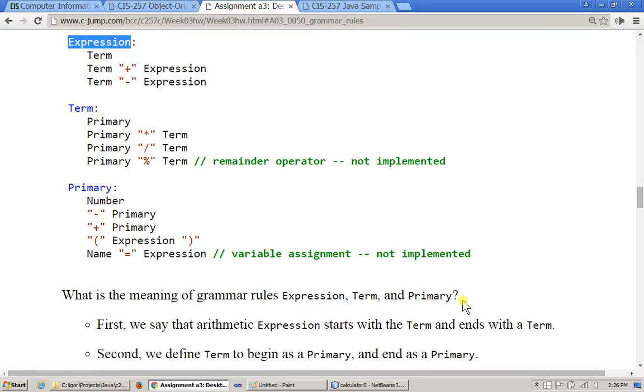Okay, so this is what I decided to do. Typically, an arithmetic expression, which is highlighted there at the top, is basically a set of pluses and minuses, which have the lowest precedence compared to multiplication and division.